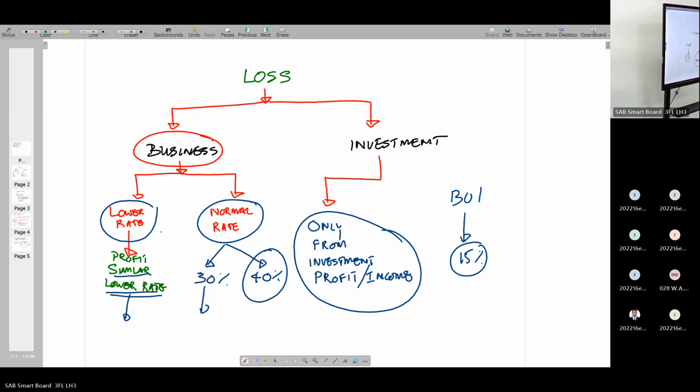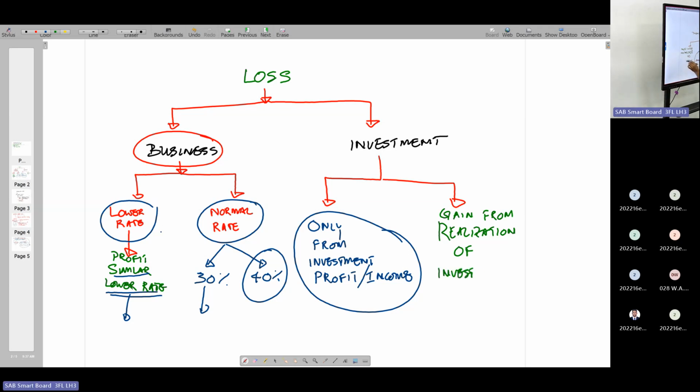Losses can be set off against the gain from the realization of investment assets.